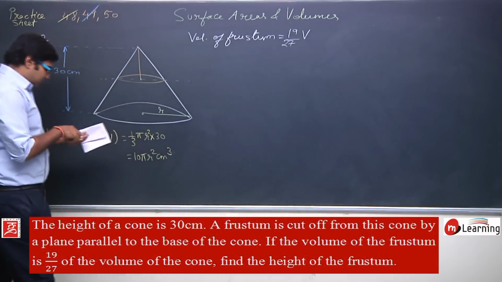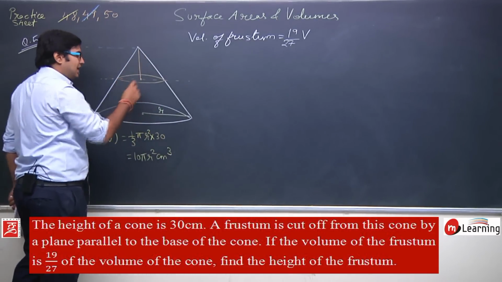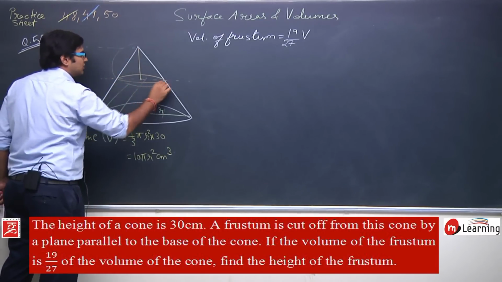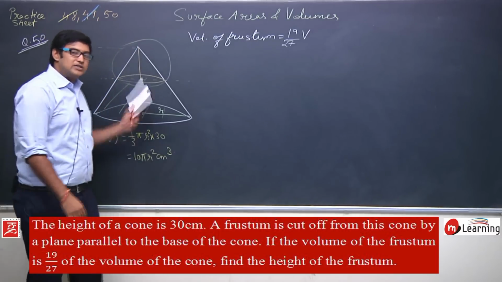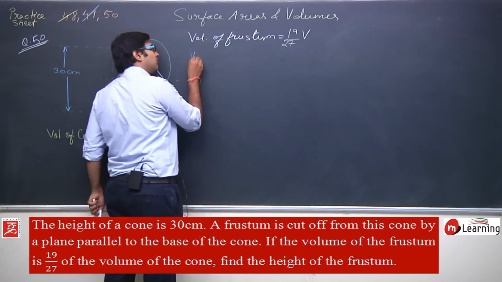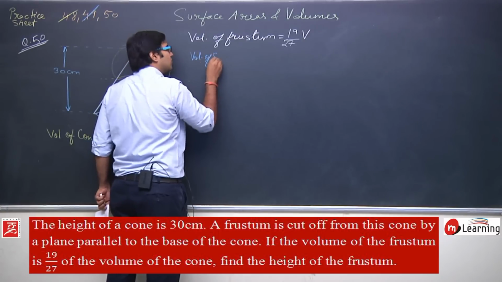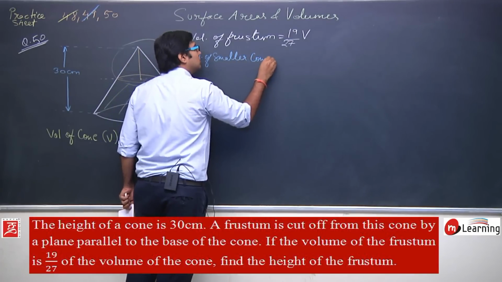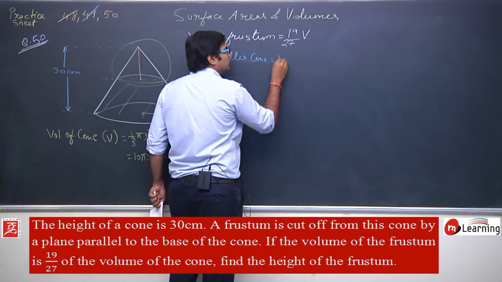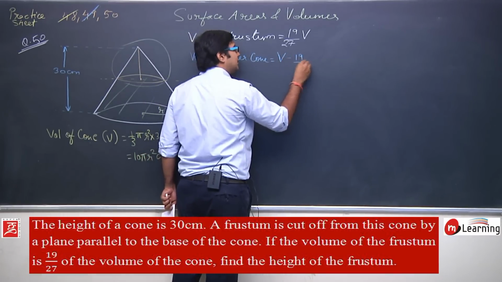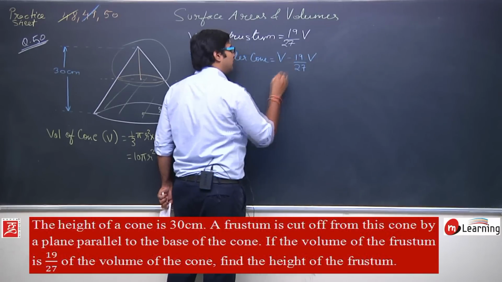Now if the total volume is V and the frustum volume is 19 by 27 of it, then what is the volume of this smaller cone? So the volume of the smaller cone is equal to V, the volume of the cone, minus 19 upon 27 V, the volume of the frustum.